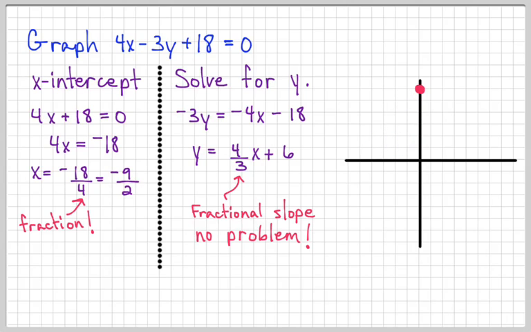And I'll plot a point here. And now we'll connect the dots. And this is our line. And if you'll notice, the x-intercept is at negative 4.5. So it can be plotted using the intercepts, but it may be more convenient for you to stick with the whole numbers. That is totally up to you.